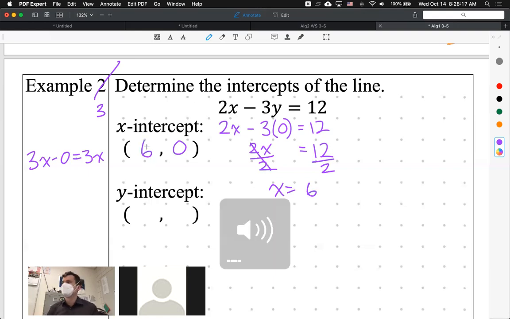And then can I get another volunteer? I know that you guys are all starting to work on Khan Academy. Just one last volunteer to do the y-intercept whole process. I'll give it to Zeke this time.